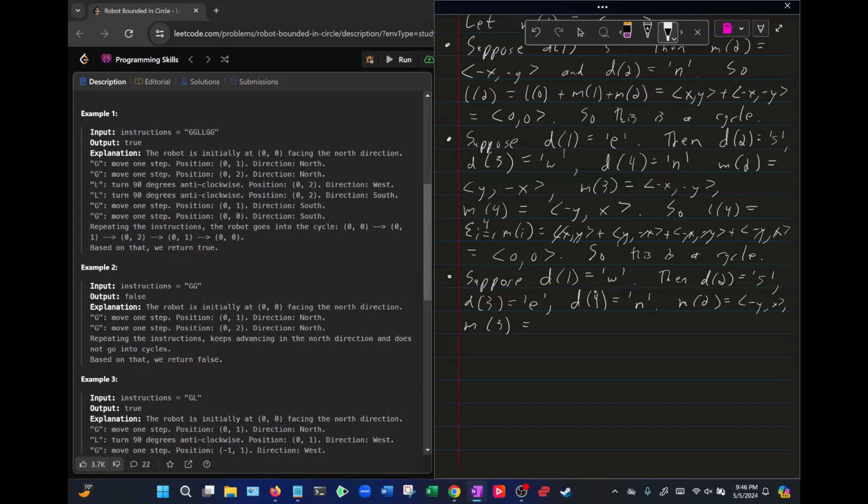M3, we're going to switch the entries and put a minus sign in the first one. So minus x minus y. M4 is going to be positive y minus x. Okay, then L4 is going to be M1 plus M2 plus M3 plus M4.